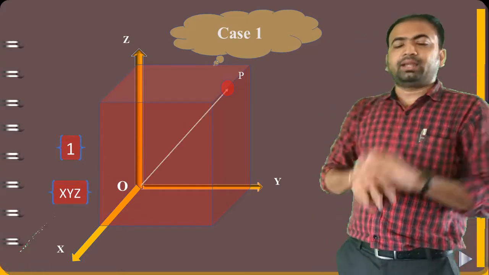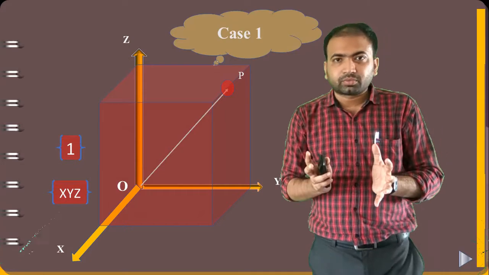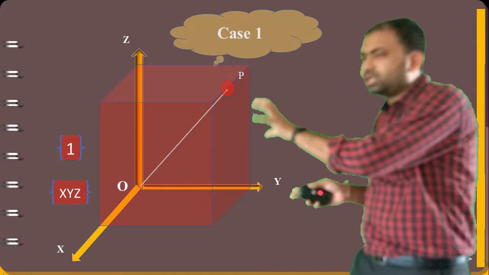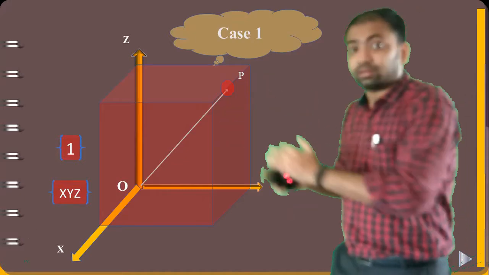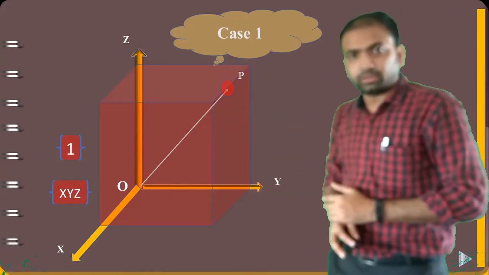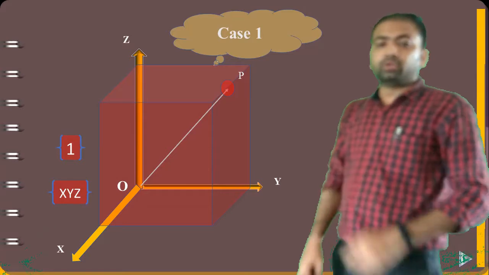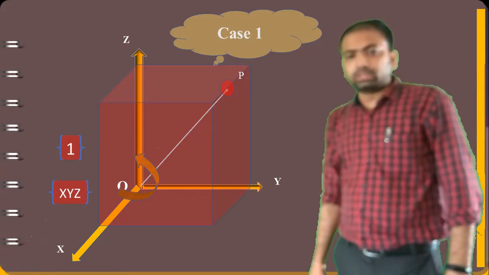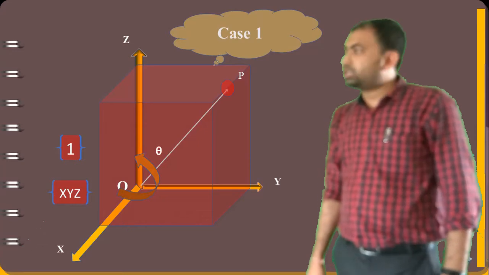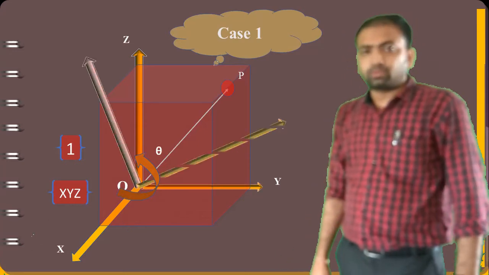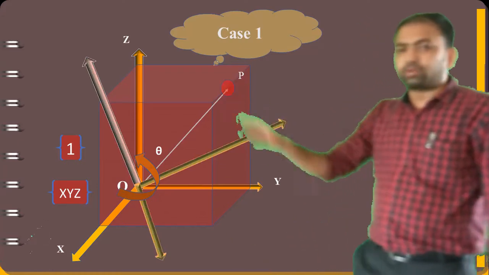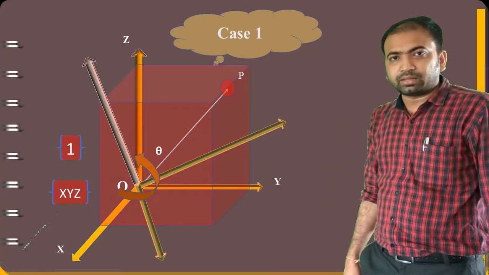Now, as I said, we have to do rotation. For example, this frame is there, or two frames are lying, and we are rotating it. So if we do that, what will happen? Once it is rotated, X, Y, Z are all rotated by some angle theta.